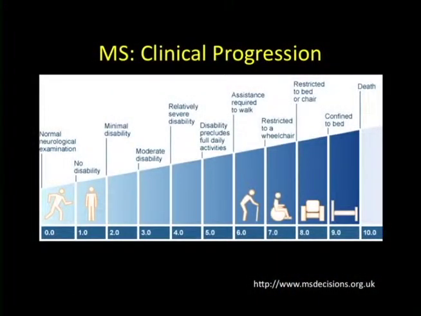If left untreated, MS tends to progress over the years. There is an increased burden of disability as time progresses. There are increased changes on MRI, both chronic as well as acute changes. Over time, there may even be shrinkage of the brain itself, and there is a loss of cognitive function.